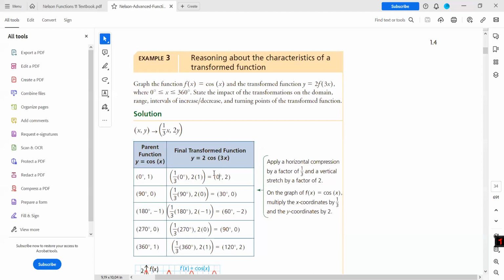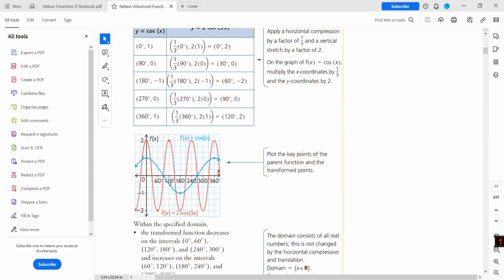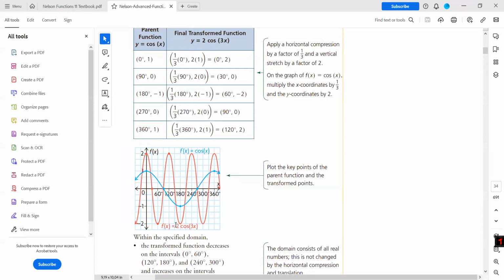So trigonometric functions and regular functions are no different in this regard. And in terms of the parameters, you see you have a multiple in front of the function, which is a, and then you see this coefficient in front of x, which is k. So you multiply each y by 2 and each x by 1 over 3. You get the new set of points, which you can then use to create your graph. And here you can see an example of what happened to this curve.